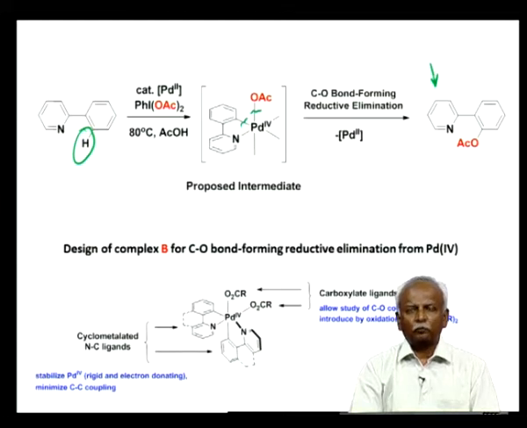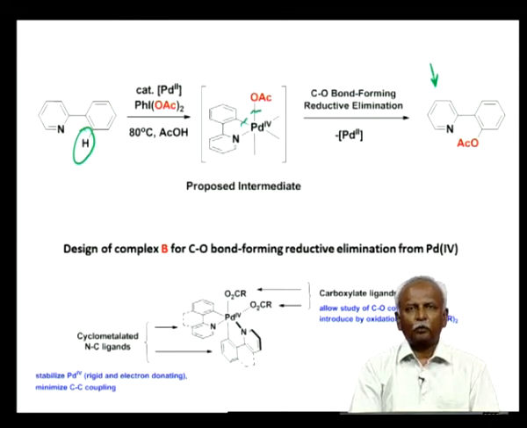So, this product is formed exclusively, and the intermediate is supposed to be a palladium 4 intermediate. What makes this study very interesting is the fact that you can generate the palladium 4 intermediate, you can make it in a stoichiometric fashion and study the chemistry of it.